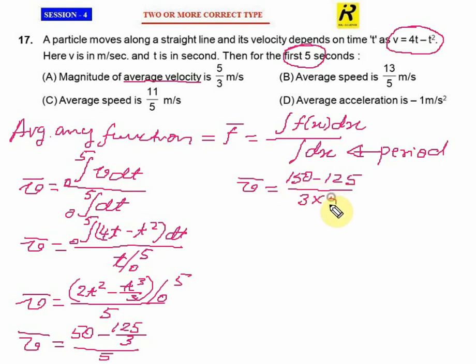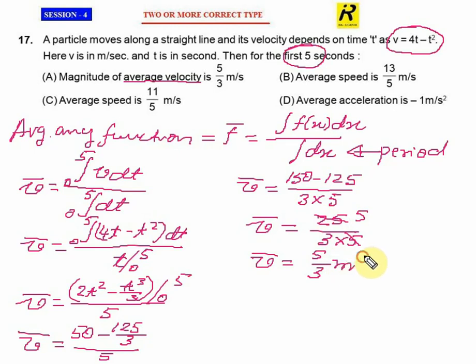In the numerator it is just 25 and in the denominator 3 into 5, and on making proper division, this is 5. So the average velocity now becomes 5 divided by 3 meters per second.